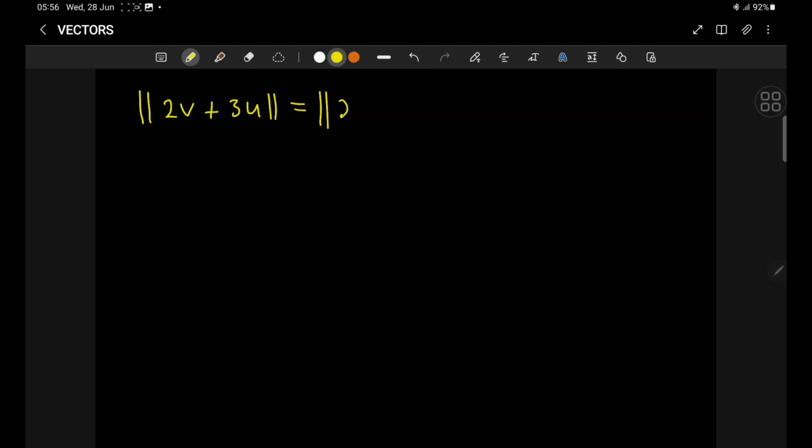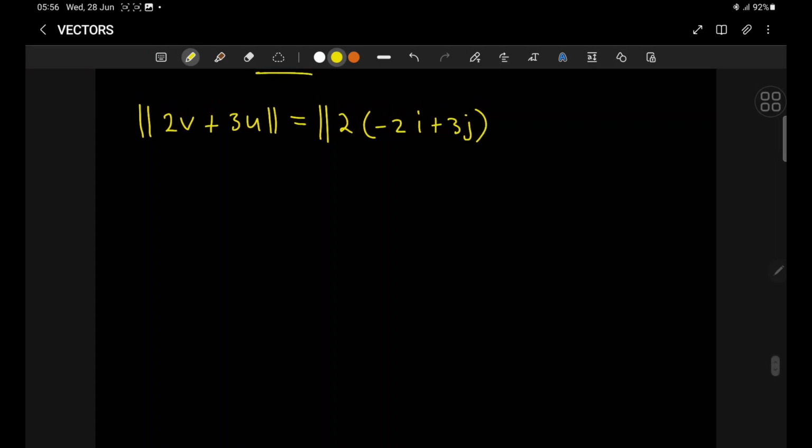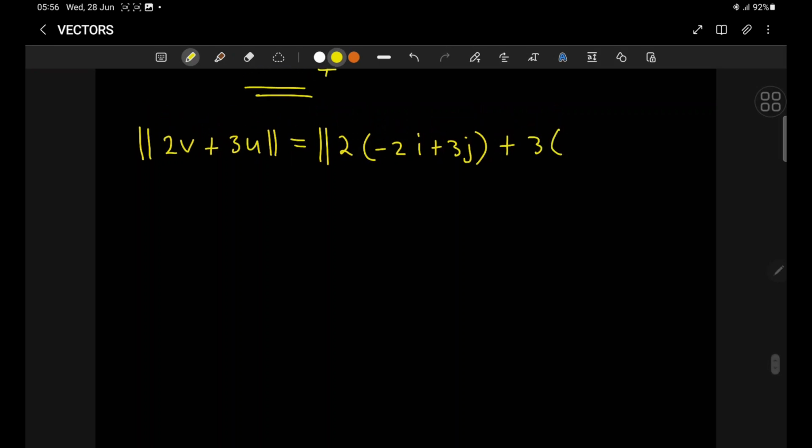So we are having 2 times our vector v, which is negative 2i plus 3j. Then plus 3 times our vector u, which is 3i minus 2j.